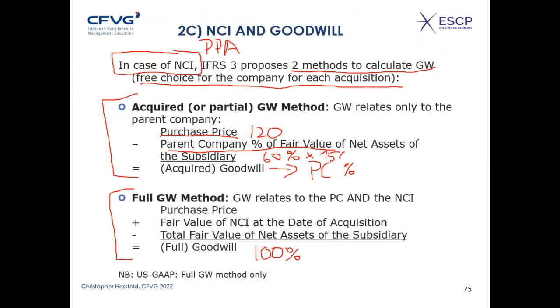In the balance sheet, equity is 150. So 60% of 150 is 90. Okay, so in other words, I pay 120 for a fair value of 90. That means I overpay, and my goodwill here is 30. Difference between purchase price and what I buy, but only referring to the parent company. Okay, so here acquired goodwill is 30.